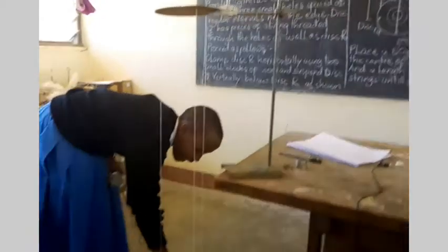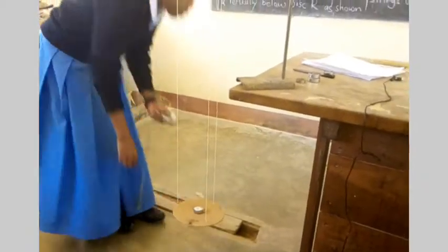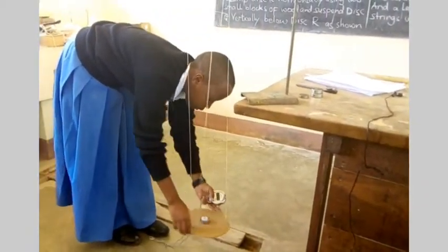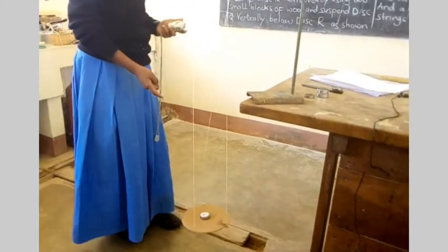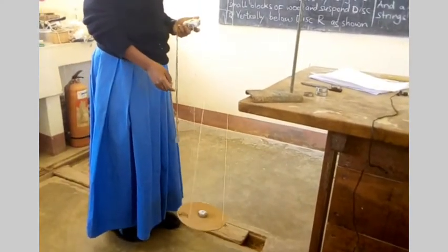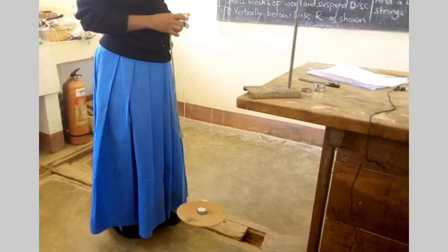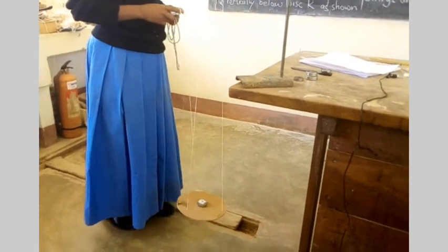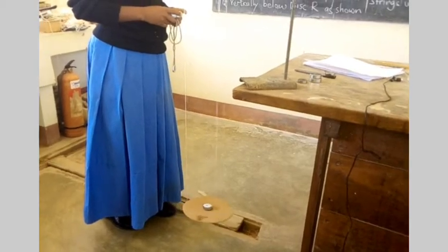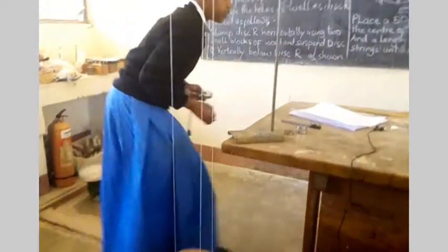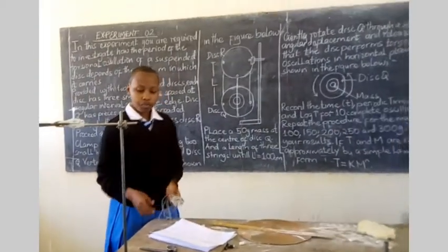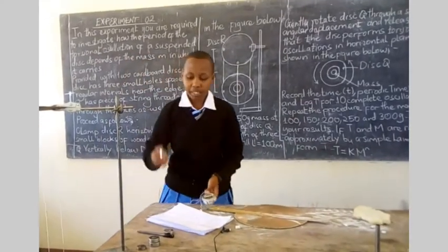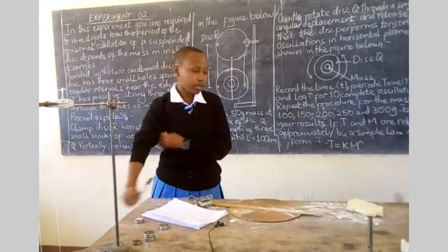We place it at the center of our disk, and then we displace the disk at a small angle. 1, 2, 3, 4, 5, 6, 7, 8, 9, 10. After obtaining the time for the unknown mass to complete 10 complete oscillations, we also record it.